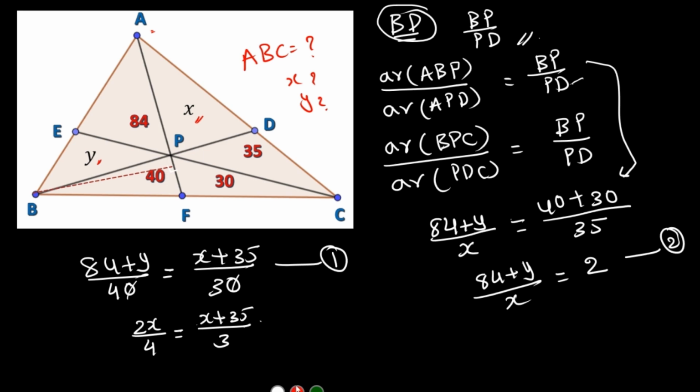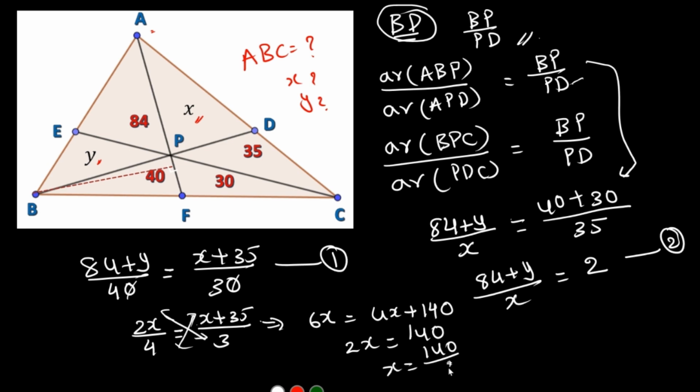If you cross multiply, it becomes 6x equal to 4x plus 140. So if we bring 4x to this side, 6x minus 4x is 2x equal to 140. So x is equal to 140 by 2, that equals 70.